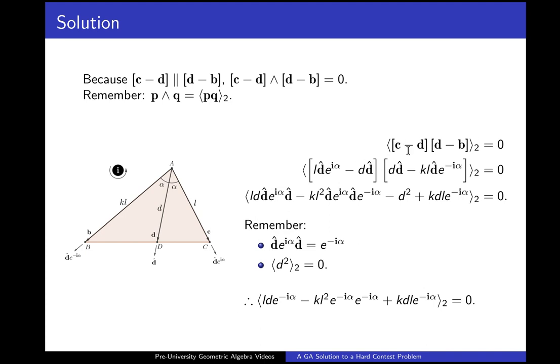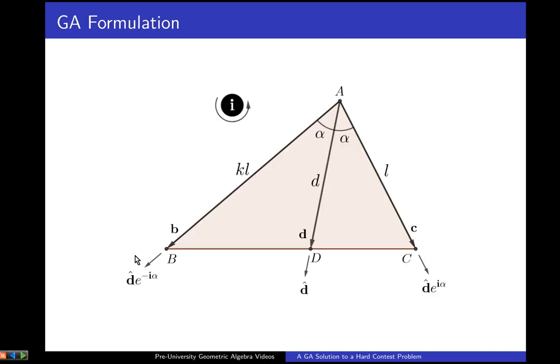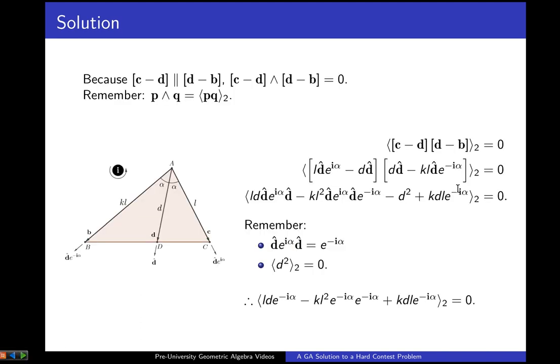First we'll expand c and b as I described in the previous slide, and then we'll note a few things here. Here we have an exponential bracketed on both sides by a unit vector, so as you saw earlier, that will evaluate to the exponential of the negative of that I alpha.